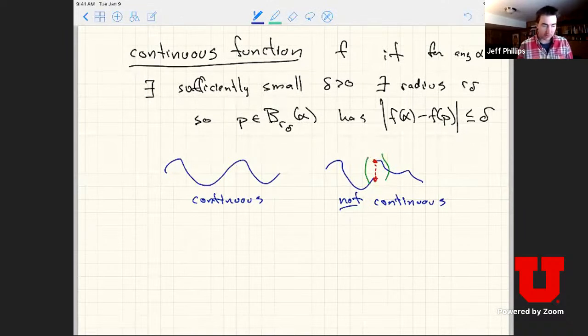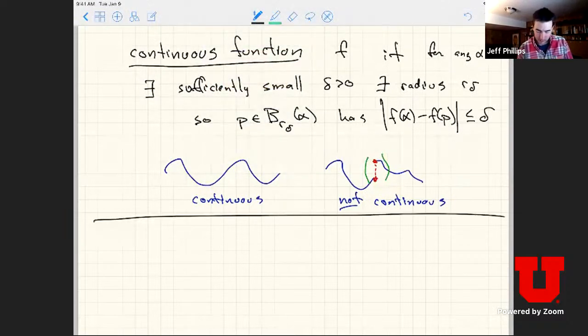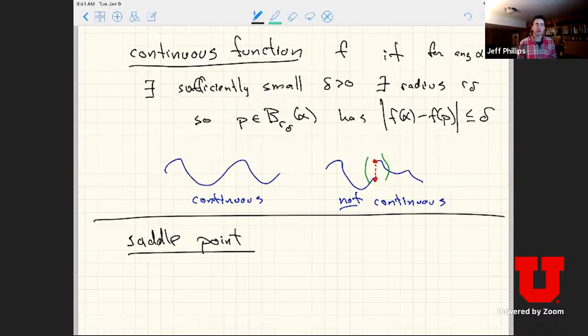Okay, so the next notion we need to talk about is going to be a saddle point. This is where I'm not going to be able to draw these one-dimensional functions anymore. So this is a point in R^d.